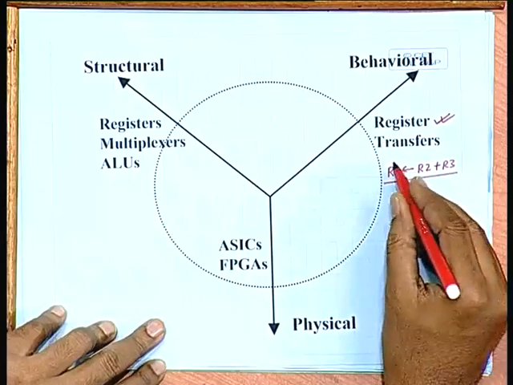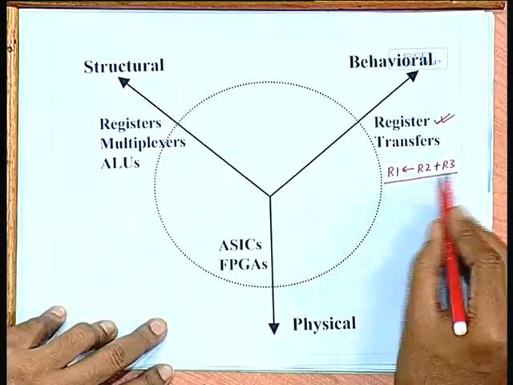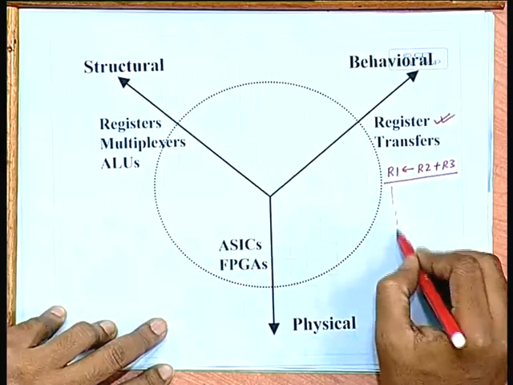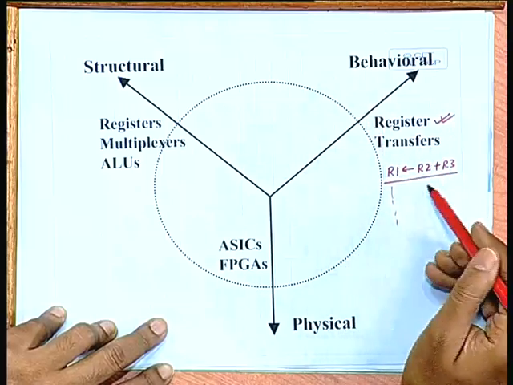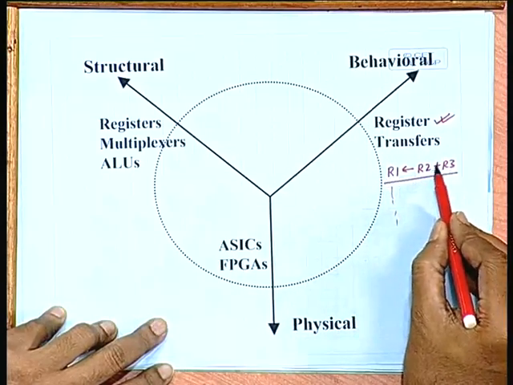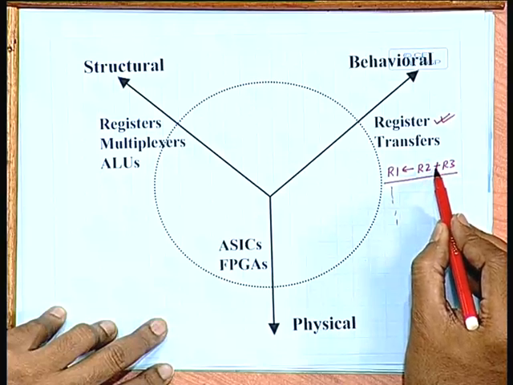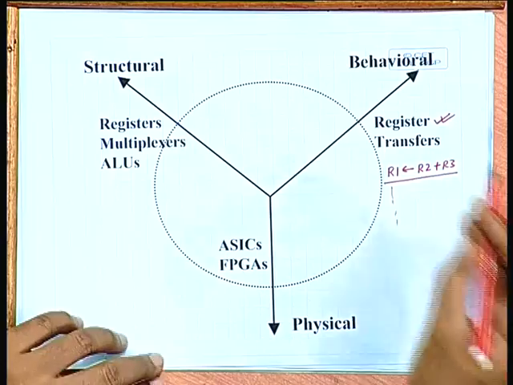There can be a number of conditions, if then else kind of thing. There can be a number of such register transfer operations you define based on the inputs you give. So, here we specify the behavior, but we do not say how these register banks are implemented, how these adders or subtractors are implemented, how many adders are there. All those details we do not specify.